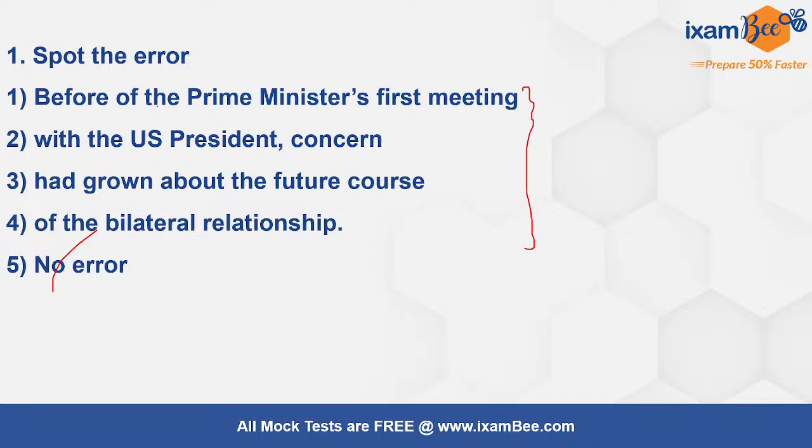So the moment we read this, we need not read the entire remaining sentence. Here only we know that before of is incorrect. Either it should be before the Prime Minister's first meeting, or it should be ahead of. So both these usages are correct, but what has been given here is incorrect. So the correct answer here is option 1.